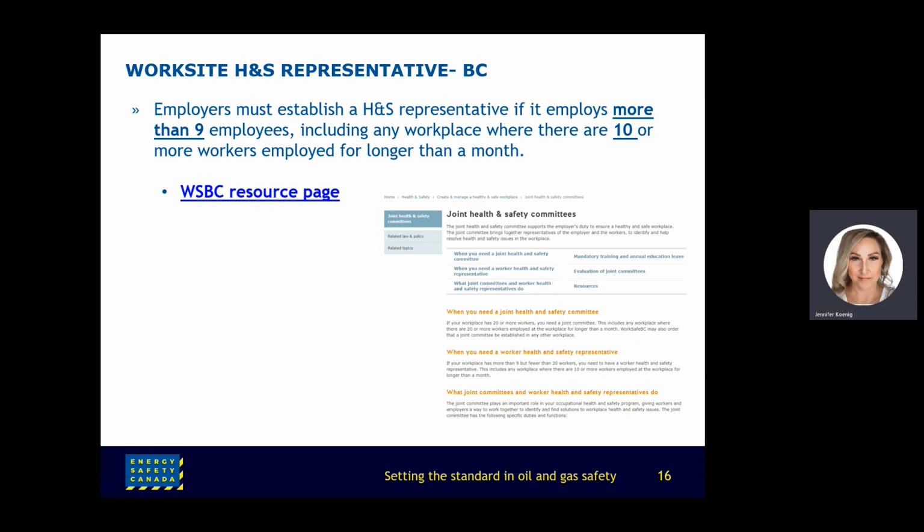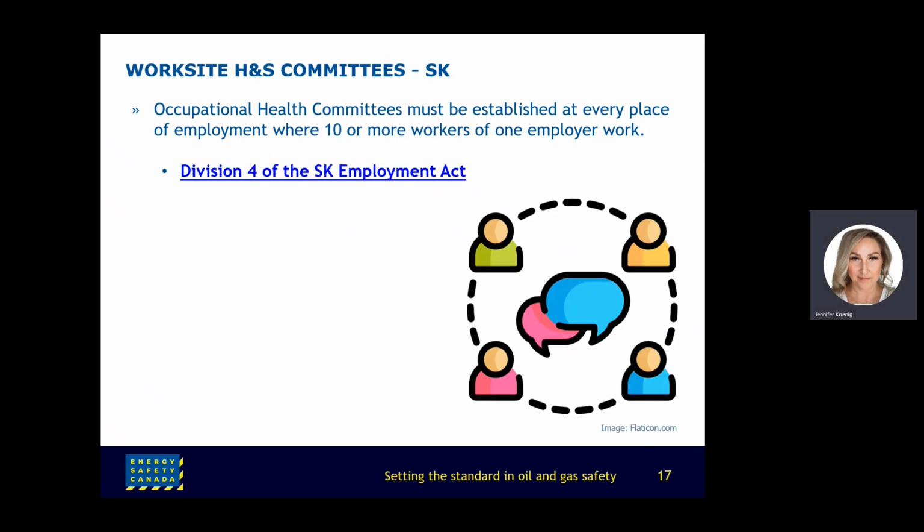WorkSafe BC provides a similar resource page. Additional information for Saskatchewan employers can be located under the Saskatchewan Employment Act, Part 3, Occupational Health and Safety, Division 4, Occupational Health and Safety Committees and Occupational Health and Safety Representatives.